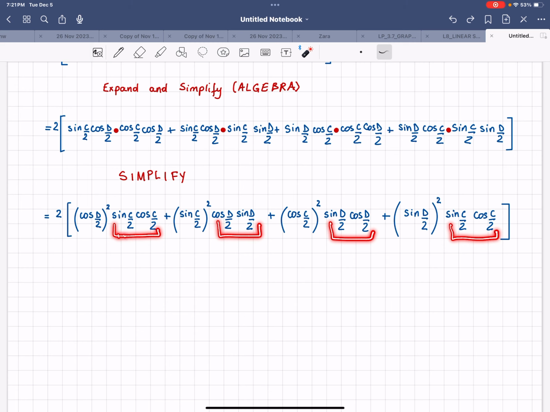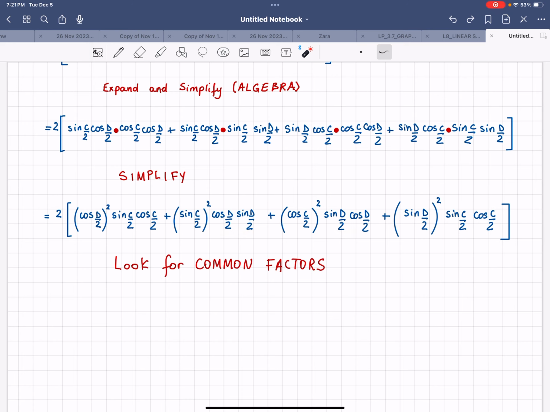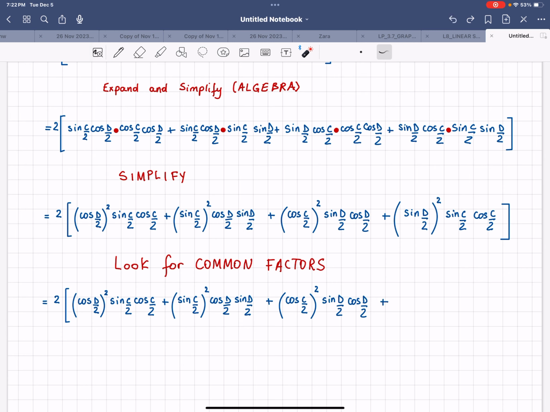As you can see here, you have sine C over 2, cos C over 2. Sine C over 2, cos C over 2. That means that these groups of terms have something in common. Something similar happens here. So let's get to work. We have to look for common factors, and we have to first bring these terms close to each other.